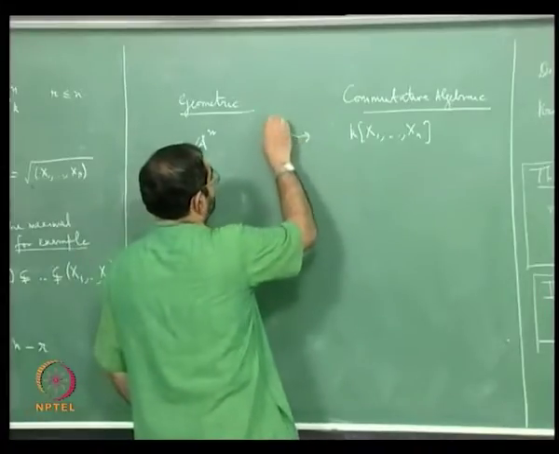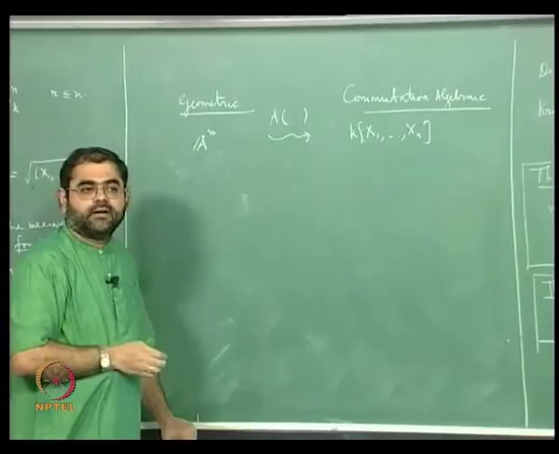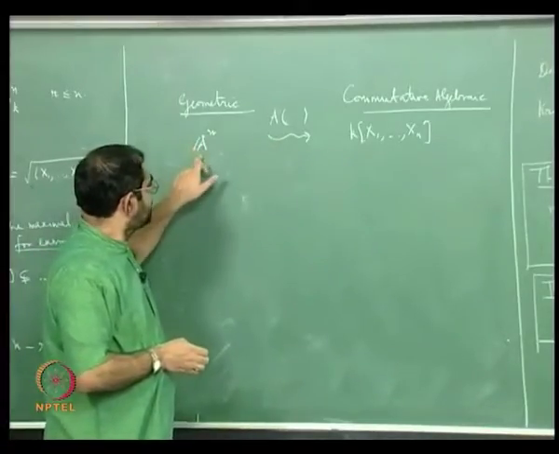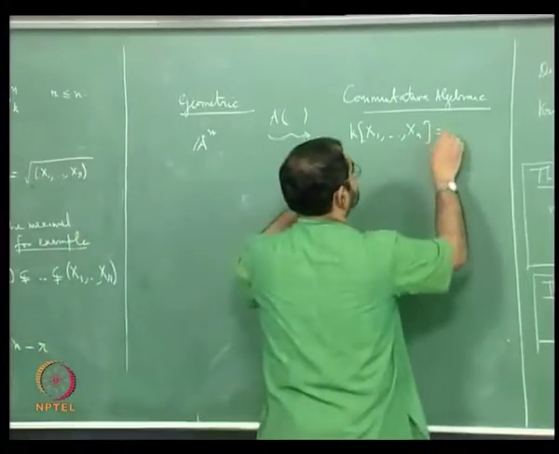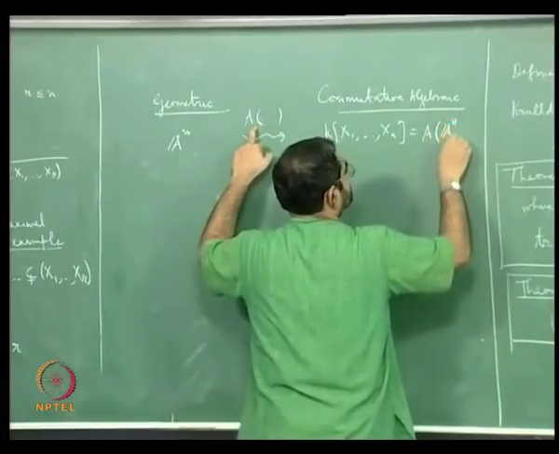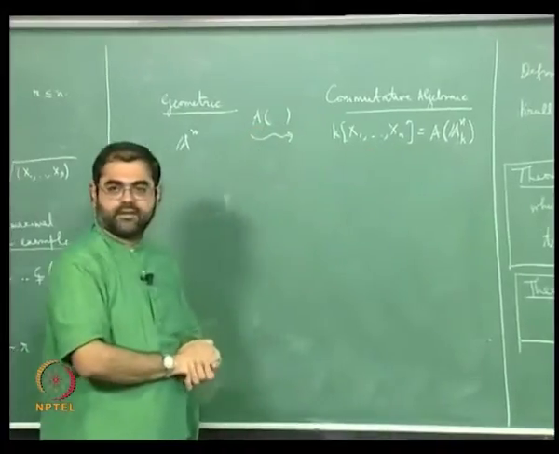What I am doing is defining a function which to every set gives its set of functions. This is a standard symbol. So a of an k is the set of functions on an.